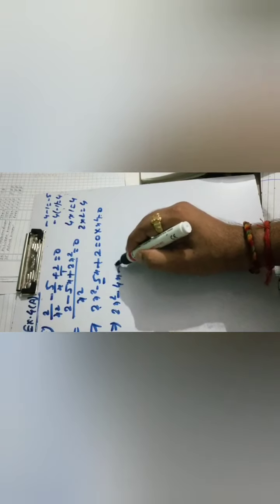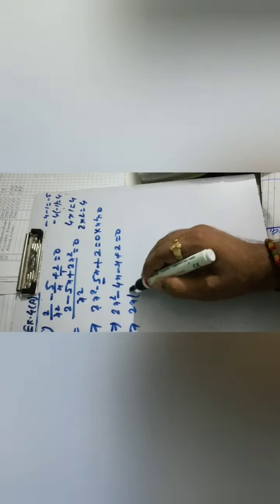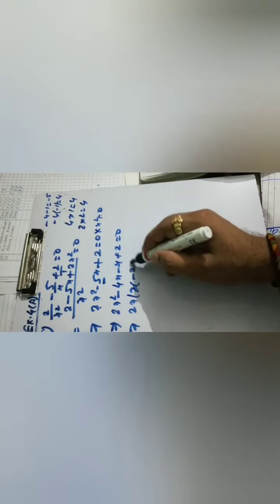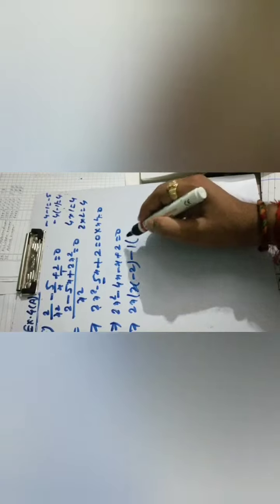So this can be written as 2x square minus 4x minus x plus 2 is equal to 0. Now 2x is common, then x minus 2 will be left here, minus 1 is common, then x minus 2 will be left, equal to 0.